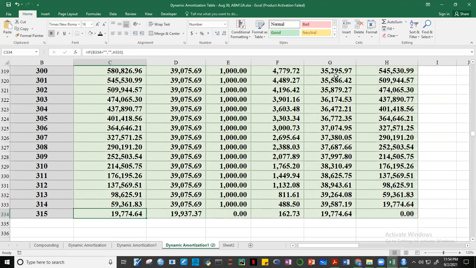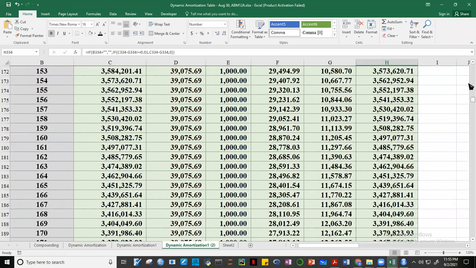All right, and then the principal will be this one because it's the sum of your payment and your extra payment minus your interest. So 19,937 plus 0 minus 162. Okay, that gives us 19,774. So that closes out our loan, 315.